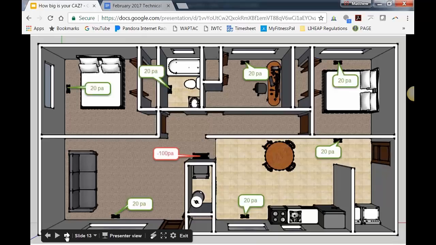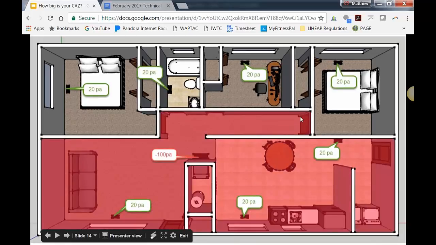And as was mentioned, by closing the doors, this really gets us down to what our CAZ should be, right? And so now, how's our pressure doing in the CAZ? Are we under positive pressure or negative pressure?